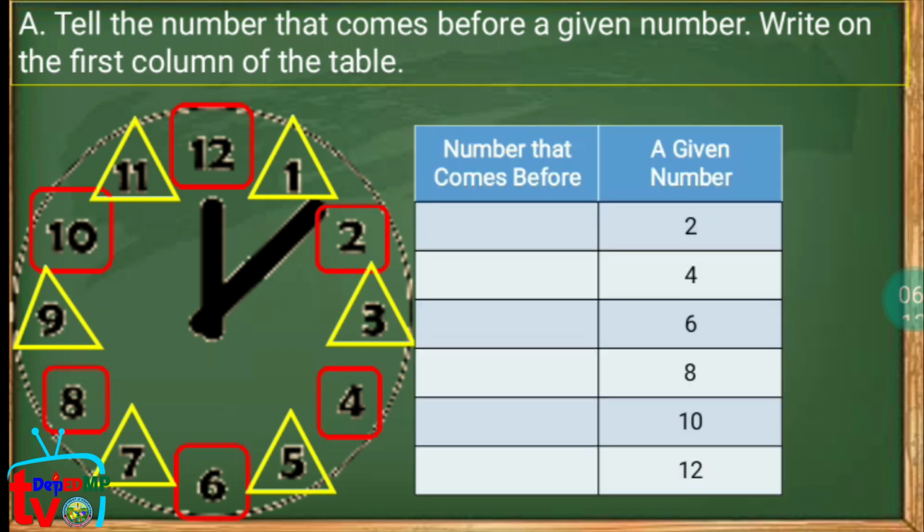Write on the first column of the table the number that comes before 2, before 4, before 6, before 8, before 10, before 12. Your given time to do your answer. Start now.